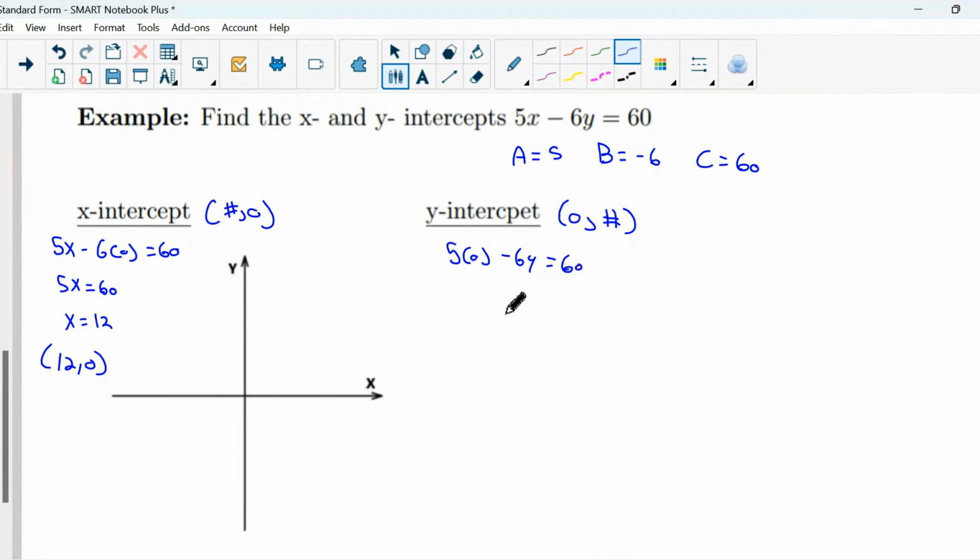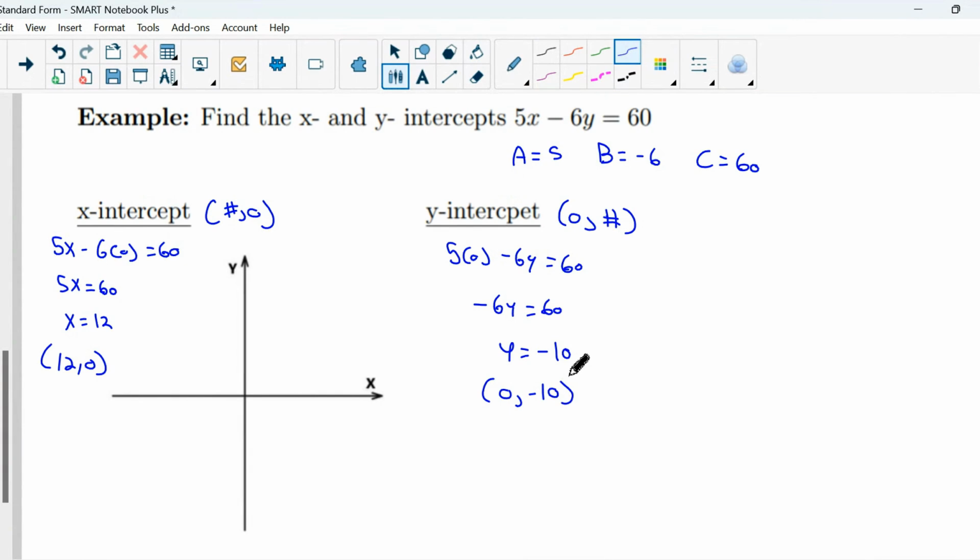Our 0 will cancel, giving us negative 6y equals 60. Divide both sides by negative 6, and that leaves us with y equals negative 10. We can also write this as an ordered pair, which gives us 0, negative 10.